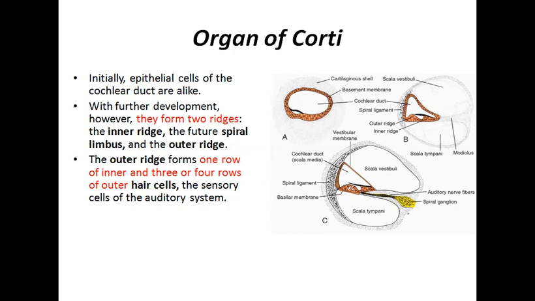So the epithelium of the cochlear duct will form two ridges, the outer ridge and the inner ridge. Outer ridge will form the hair cells, the rows of hair cells, and the inner ridge will form the spiral limbus, right? What's the significance of this? We'll talk about it in the upcoming slides.